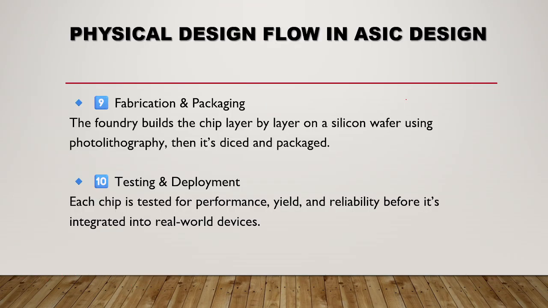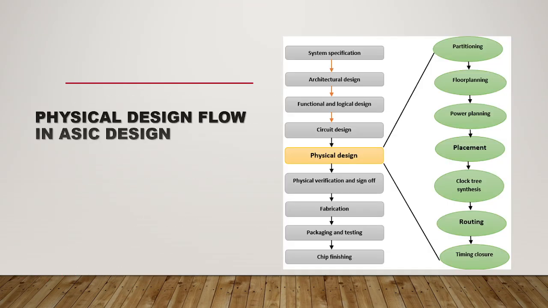PD flow means you have partitioning, floor planning, power planning, placement, clock tree synthesis, routing, timing closure, all these things. In the PD flow you take the input from the front end, and you make an IC. Suppose I tell you with one example.